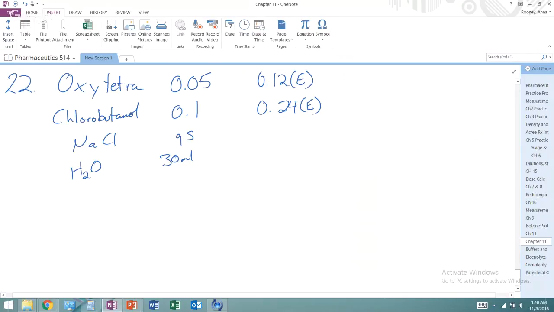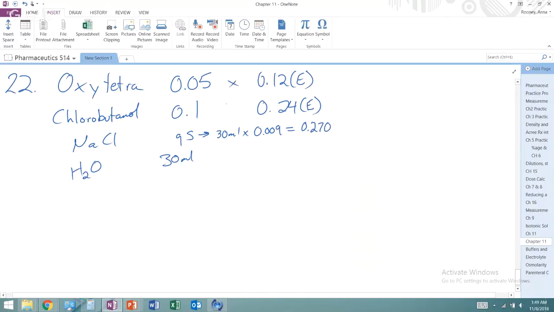Okay. So we got to find, so we know that that is 0.270 grams, because, well, actually, let me undo this. So this is 30 ml times 0.009 equals 0.270.